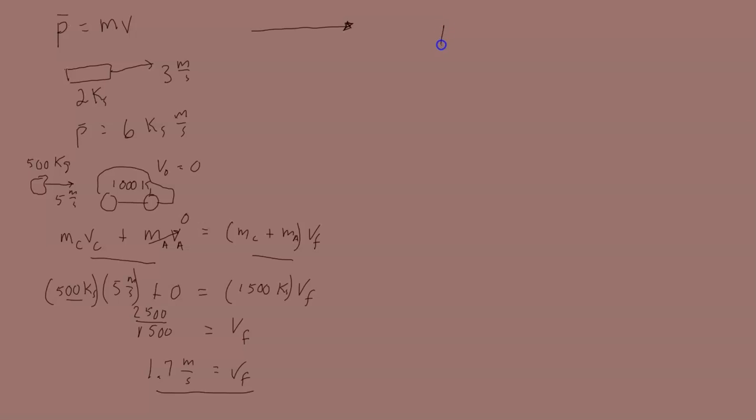We use the symbol L. It is a vector, equal to the moment of inertia, which takes the place of mass, times the angular velocity, which is analogous to velocity. This is the equation for angular momentum. And just as with linear momentum, angular momentum is conserved.